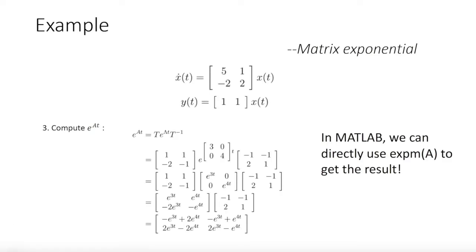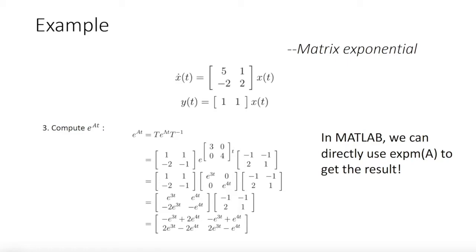Here you can see that the right steps for finding the matrix exponential is to find T e to the Lambda t T inverse, where T is a matrix consisting of the eigenvectors of the system as its columns, and T inverse is the inverse of T. And e to the Lambda t is a square diagonal matrix, on each of whose diagonal entries is e to the lambda i t, where the lambda i are the eigenvalues of the system.